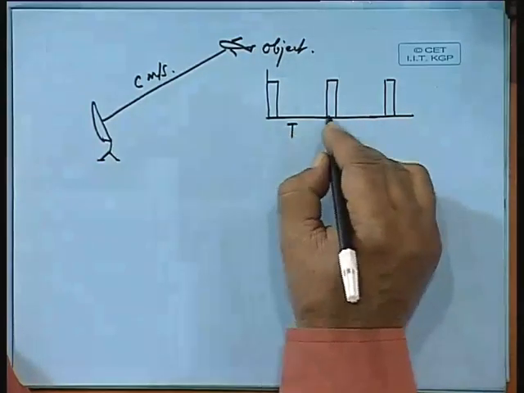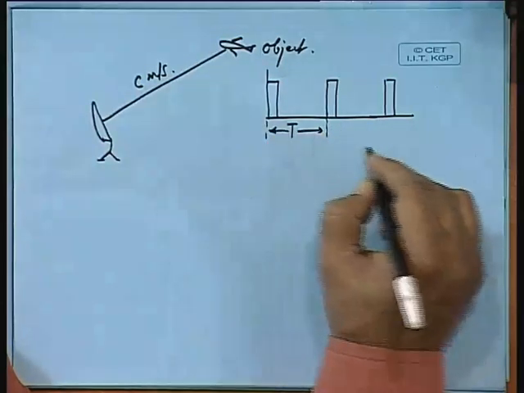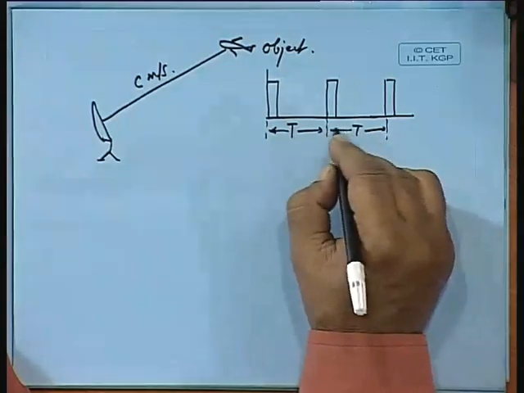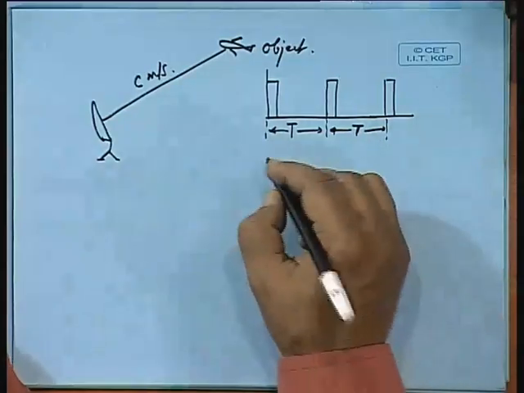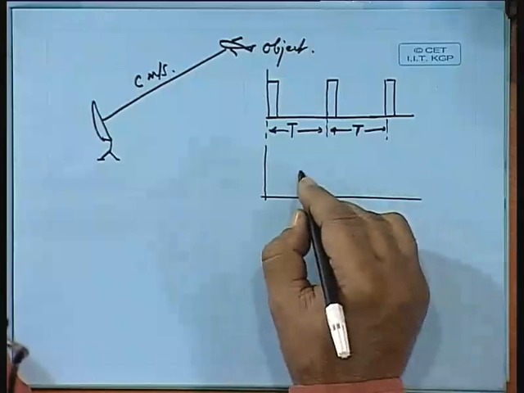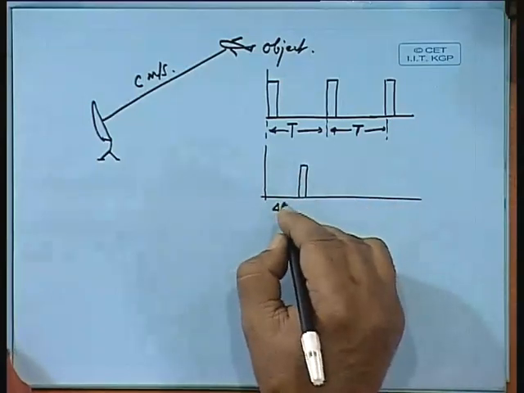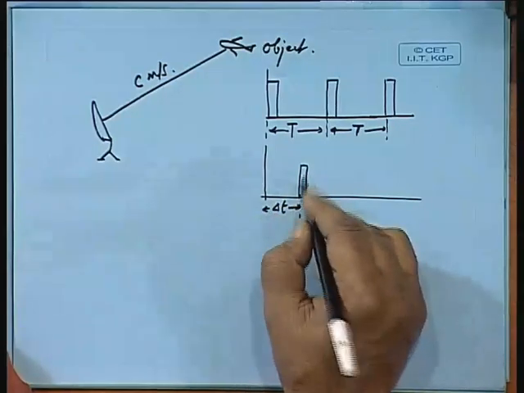So, this is T, at regular intervals, all right. The received signal ideally at any instant, this is delta t, this is the received signal.